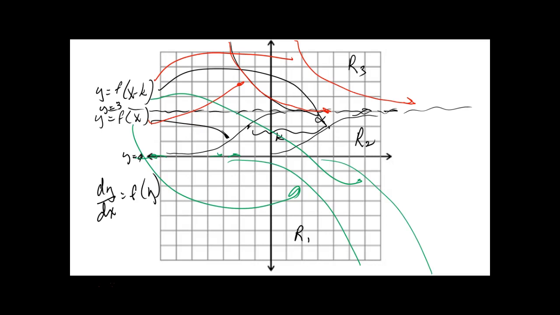Depending on which constant you put in, because the vast majority of differential equations will give you a family of curves. If it's first order, you have a one-parameter family. You always have a plus c somewhere in it, okay?